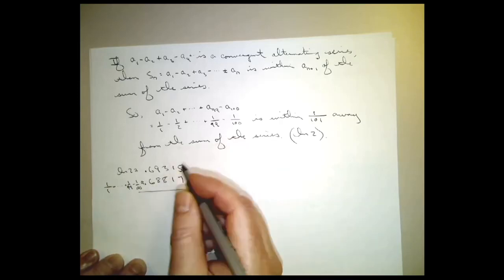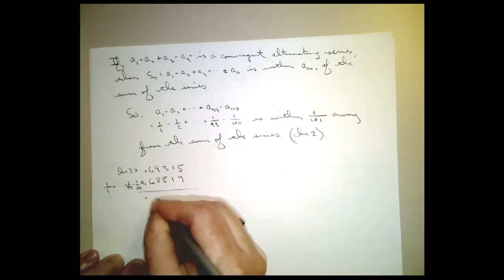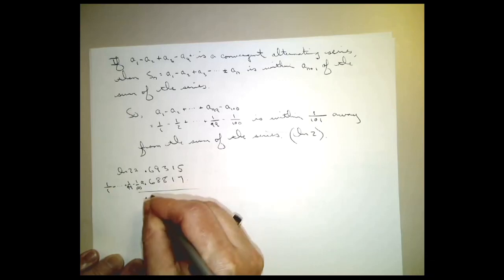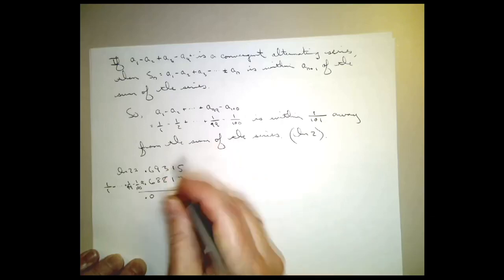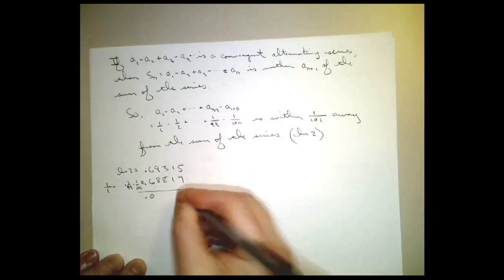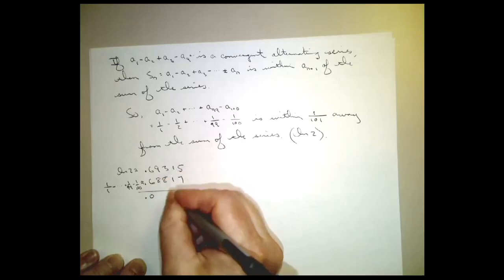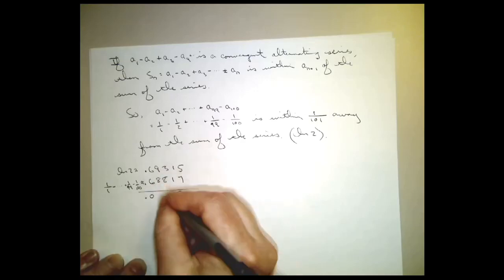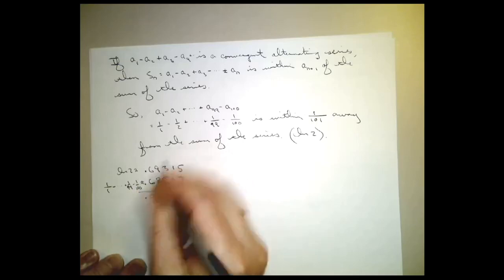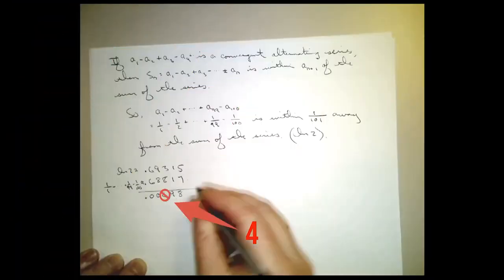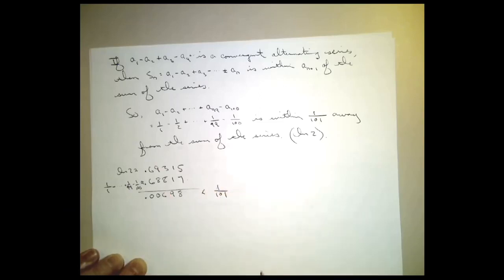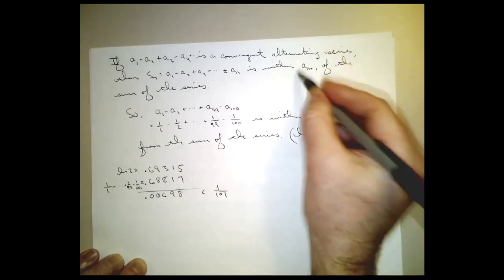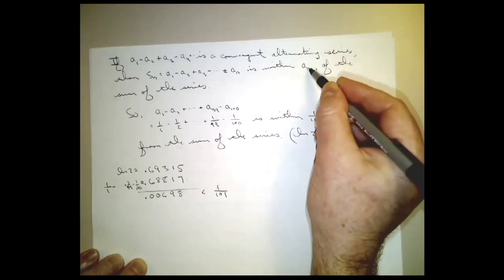Let's see, what do we actually get? Looks like we get 0.00498, right? And this number is less than 1 over 101, which was the 101st term of the series, so the n plus first term of the series.